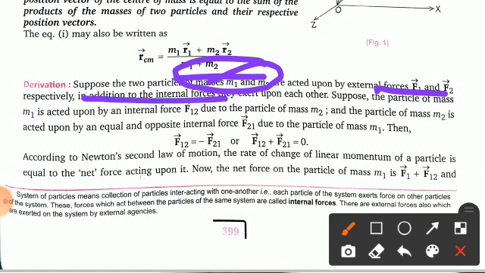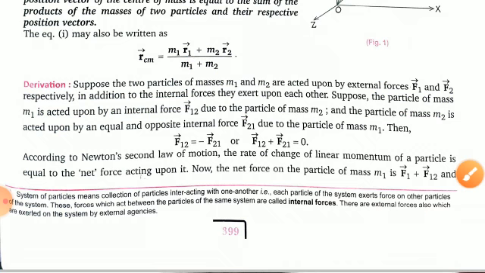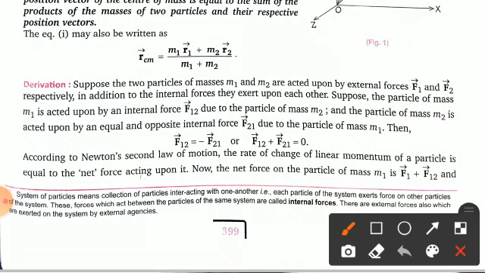Let us suppose the particle of mass m1 is acted upon by an internal force F12 due to the particle of mass m2, and the particle of mass m2 is acted upon by an equal and opposite force F21. This force is exerted by mass 1 over mass 2.